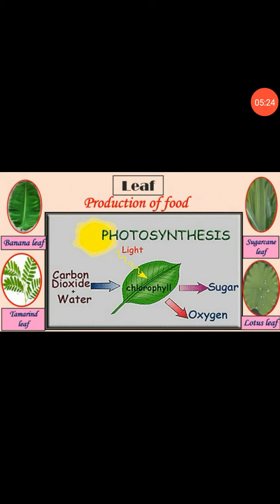Now, structures of plants. First topic is leaves. Leaf is the most important part of the plant. A leaf is actually called the kitchen of the plant because the process of photosynthesis is carried out in the leaf of a plant, as you can see in the picture, right?